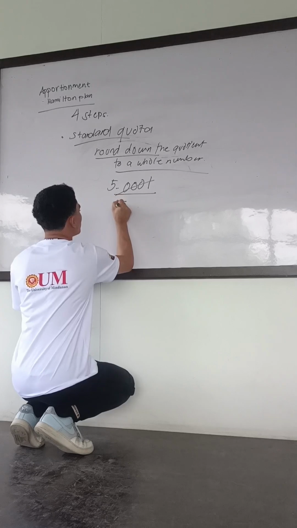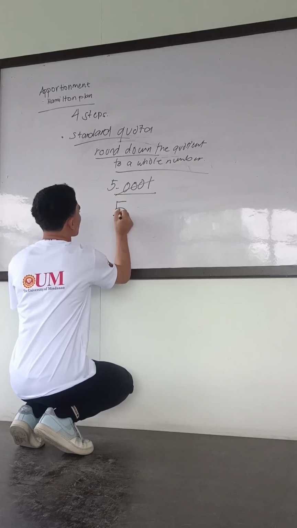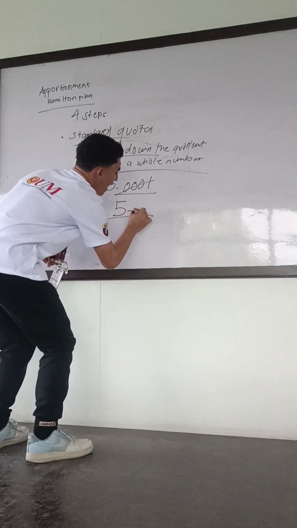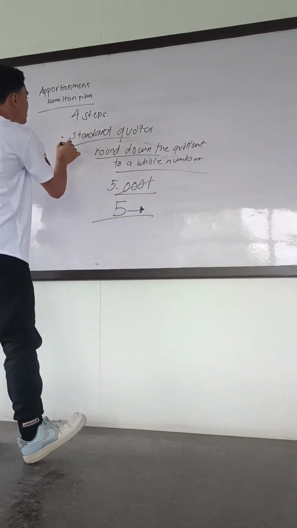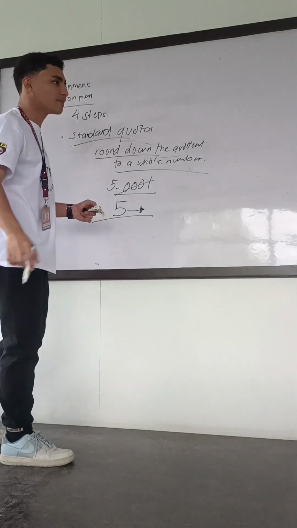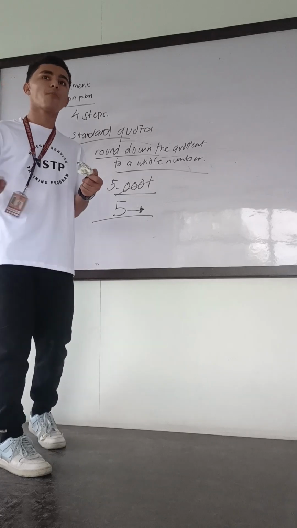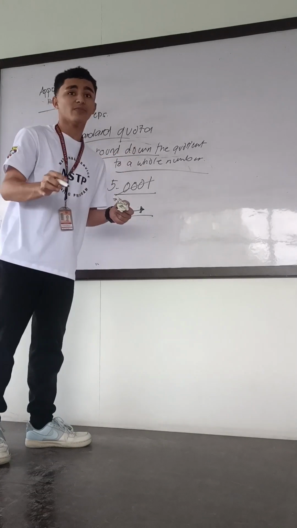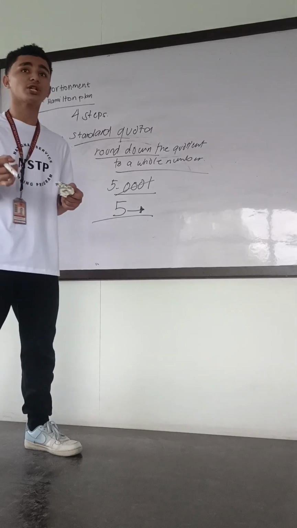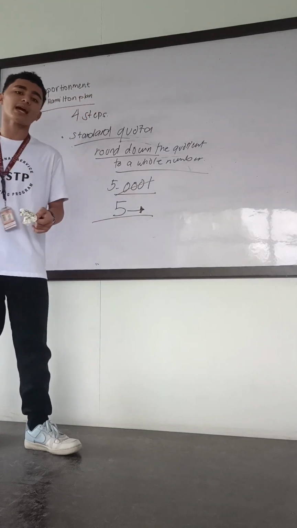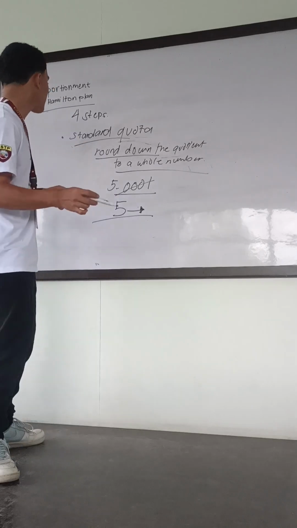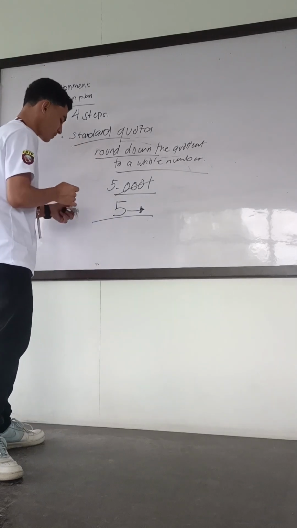So the standard quota remains 5. This is now our answer for the third step. Again, the third step of the apportionment is the standard quota, where we round down the quotient that we got during the second step.